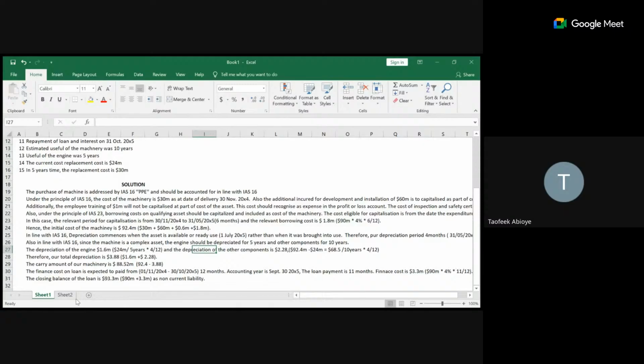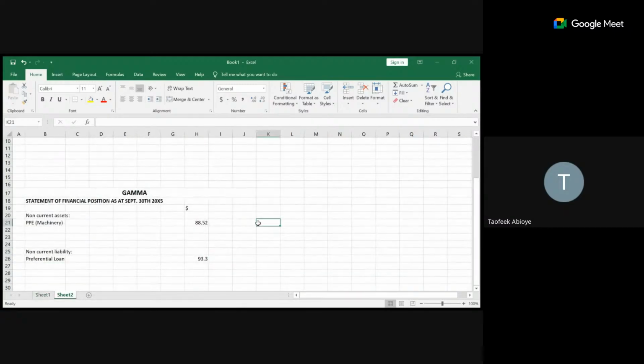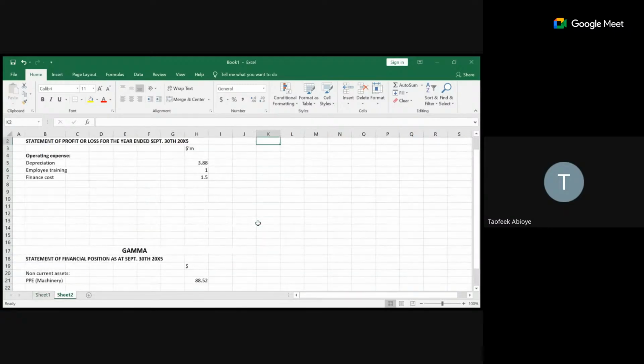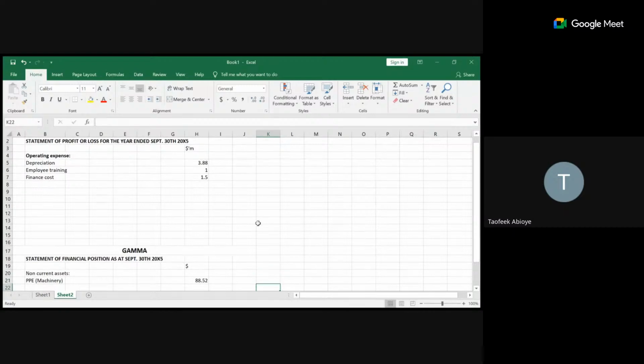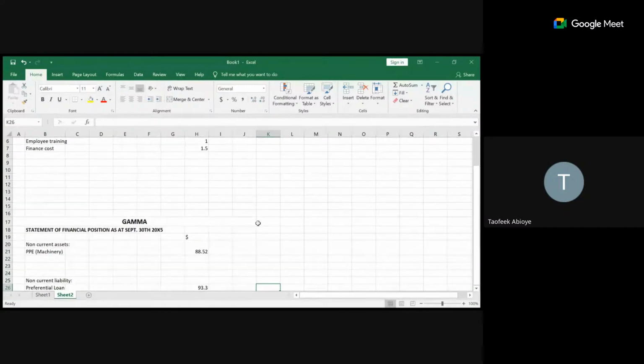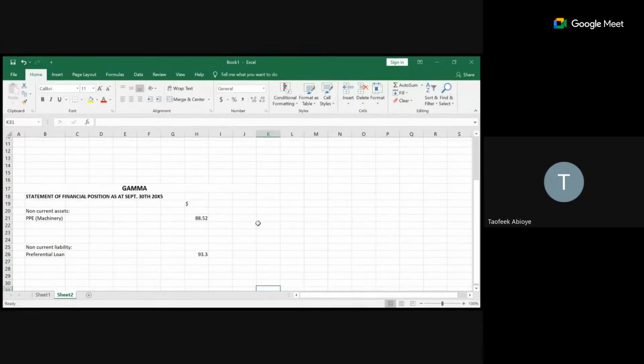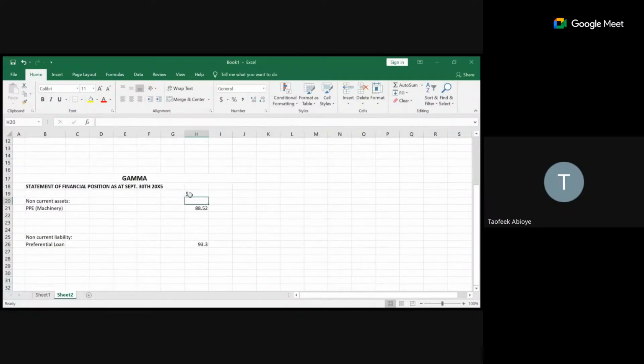So this is our financial statement extract. This is what they say we should do: operating expense, depreciation, employee training, finance costs. So that is it. This question is a 15 marks question. So imagine, how do you want to finish this one?